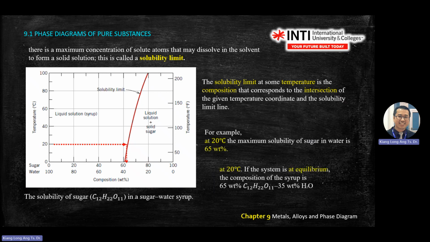So for example, in this case, at 20 degrees C temperature, you want to find the solubility of sugar in water. You just project down, it's about 60 something percent of sugar.